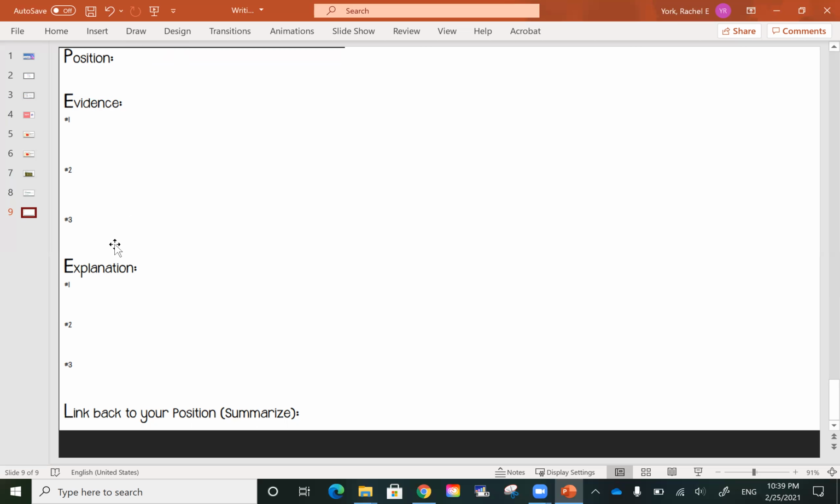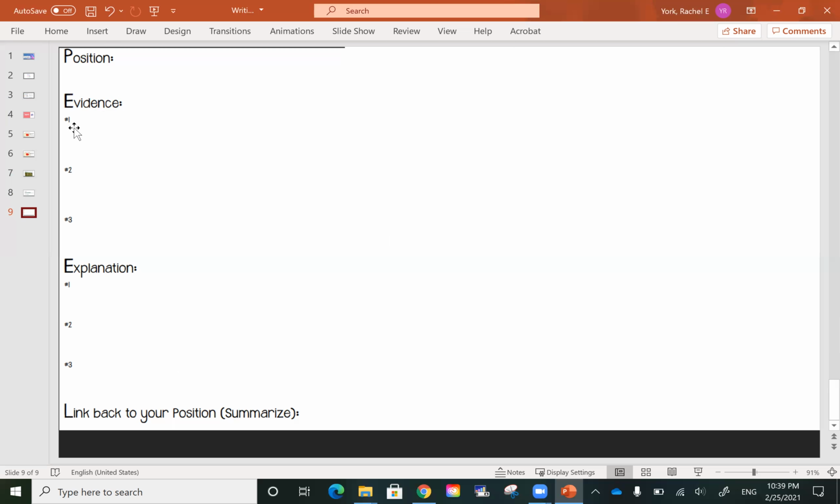Never mind. How does your evidence support that they didn't know the language or something like that? And then your link back, that's where you would link everything back to how is all of this a danger that they faced? How is it actually dangerous? That's basically how you do it.